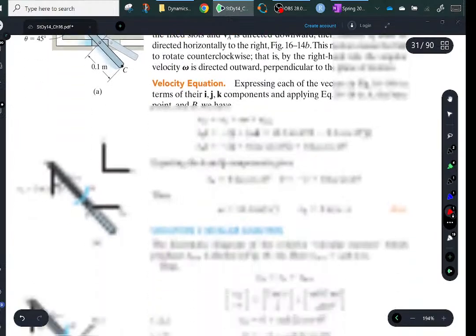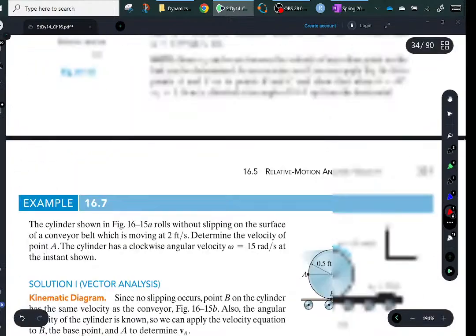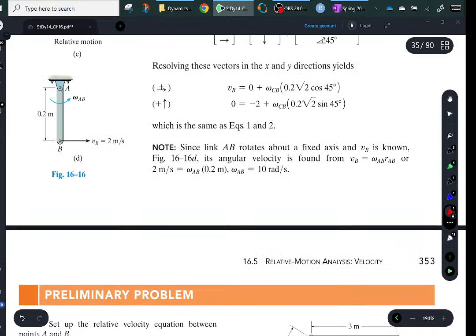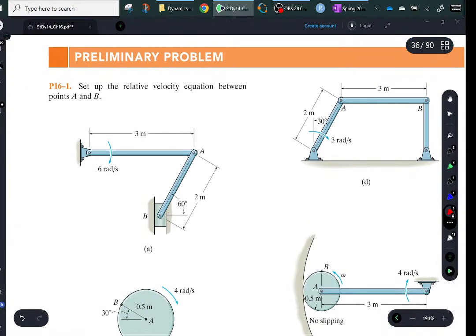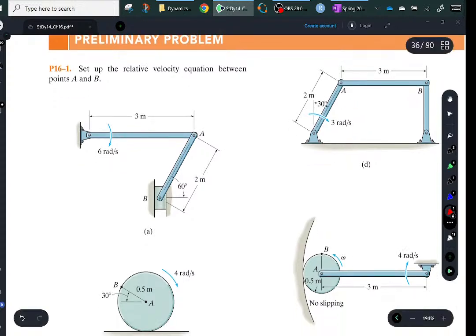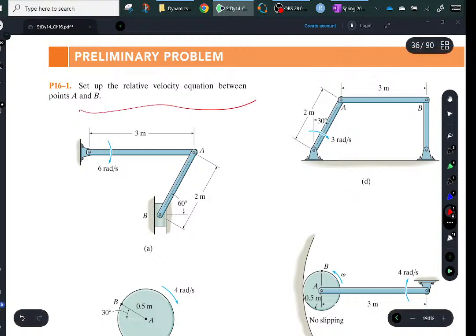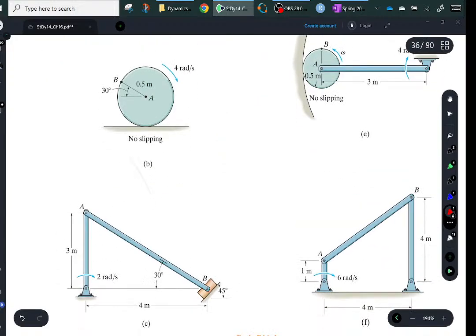I'm going to dig down into the book and find one. That one looks fine to me. This other one looks fine too. But he just says set up the equations. He doesn't say solve them. I would just as soon go ahead and solve them.